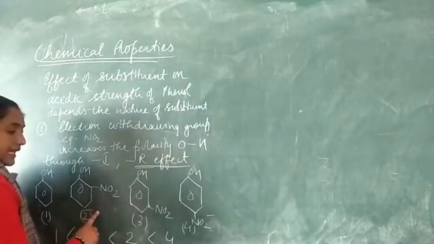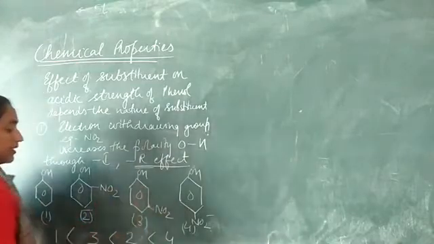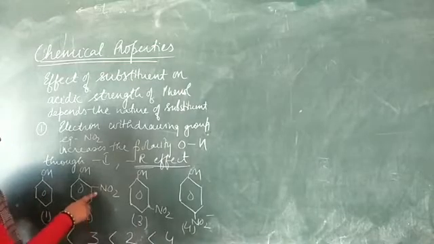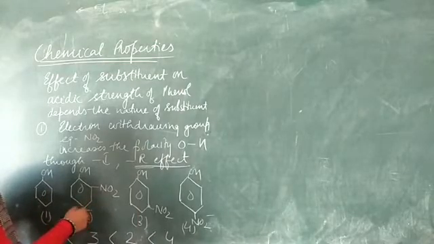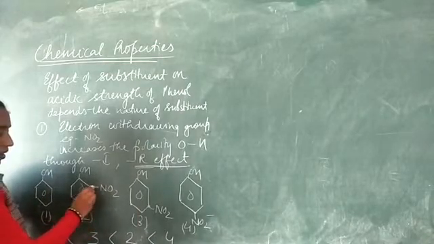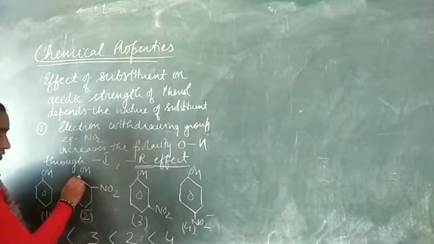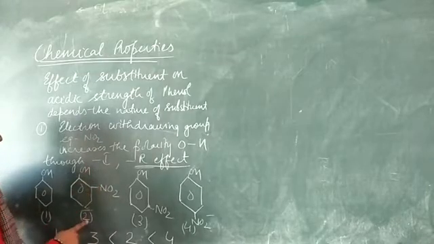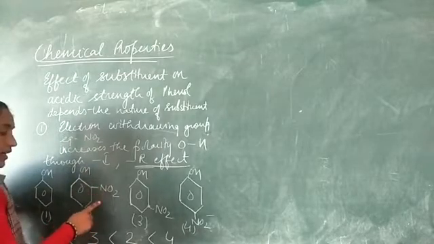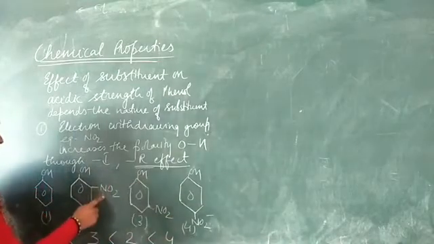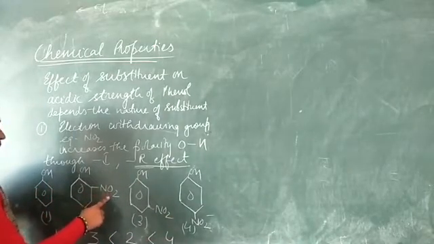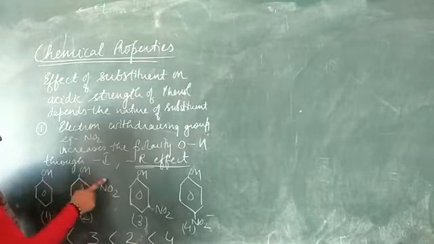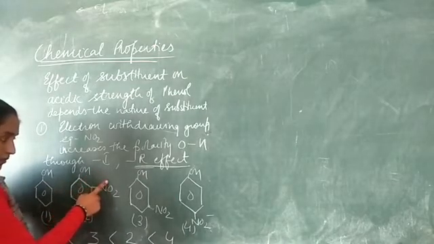Now when we compare second and fourth, that is ortho and para, which one is going to be the stronger acid, students? Generally we say that due to the ortho effect, right? I just want to correct here, because orthonitrophenol is going to be a weaker acid than paranitrophenol. Why? Because when the nitro group is at the ortho position, hydrogen bonding comes into formation.